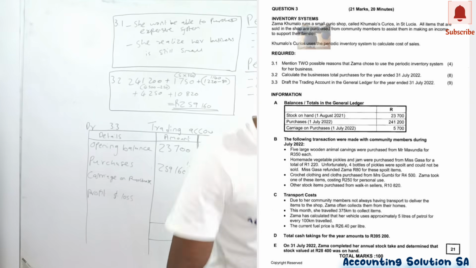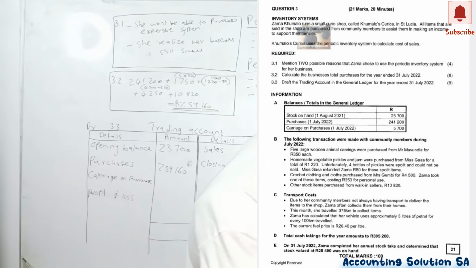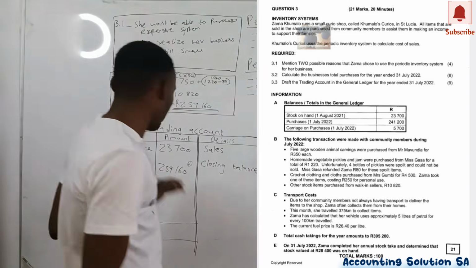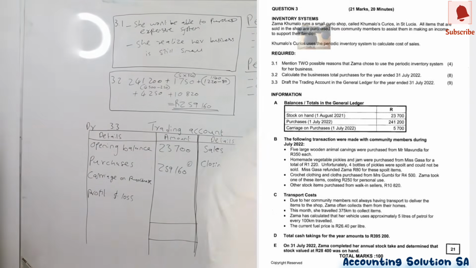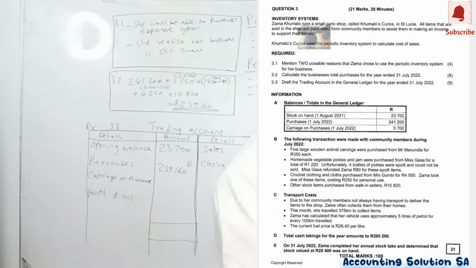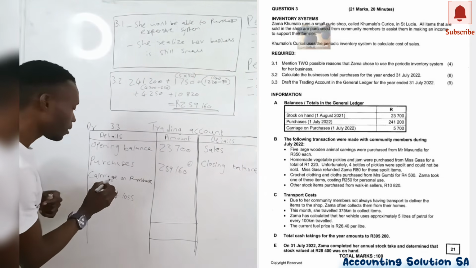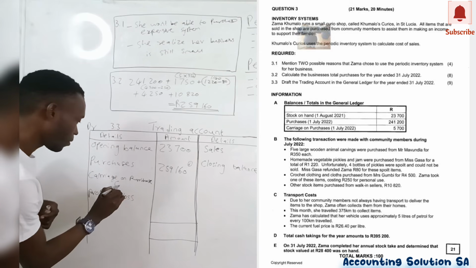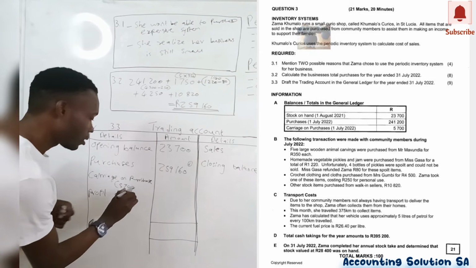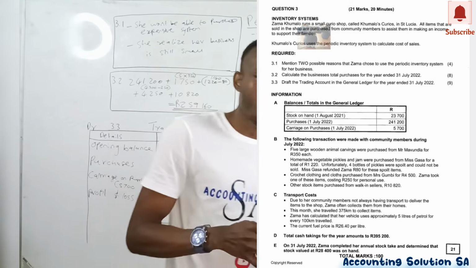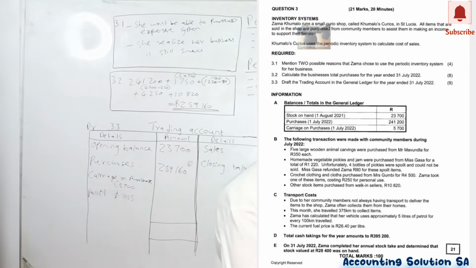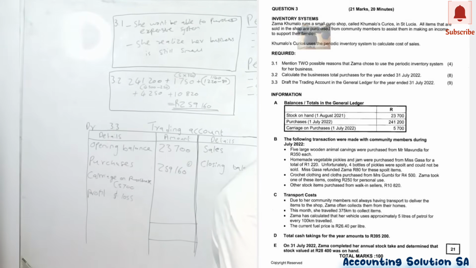All right, let's proceed. Now let's check our carriage on purchase. On information number A, we have a carriage on purchase of 5,700. Okay, but in this case you must open a bracket first. 5,700, and check if you have any further information that is related to transport.